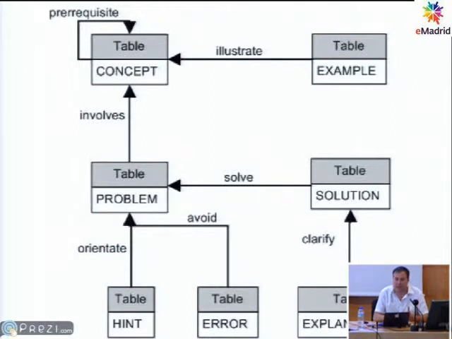For example, we can have hints to help students solve the problem. And we have relationships like prerequisite, so we can have concepts that are necessary to understand another concept. So this is the shape of an instructional ontology.